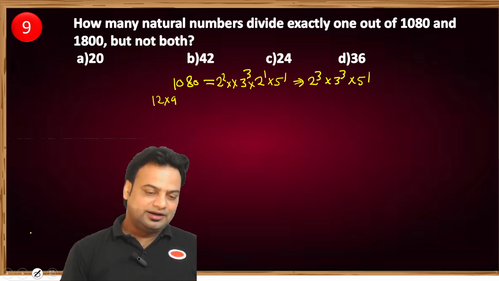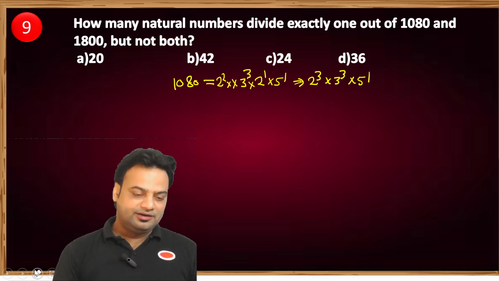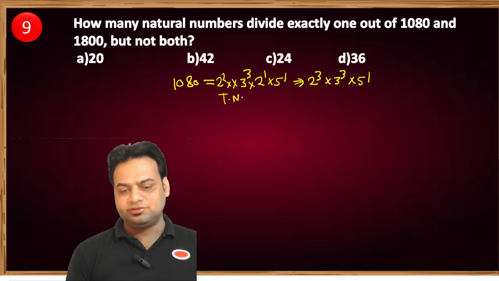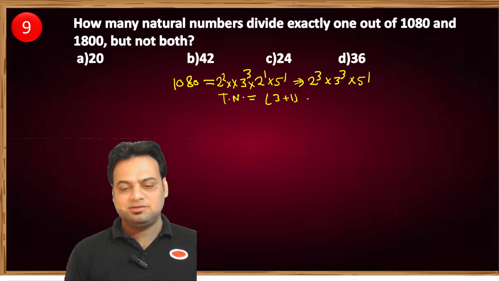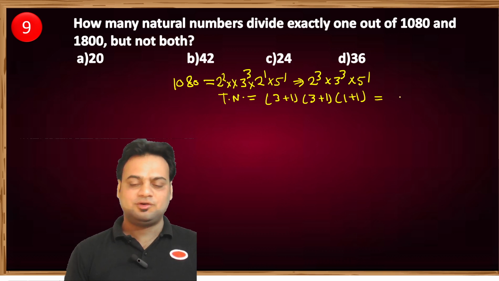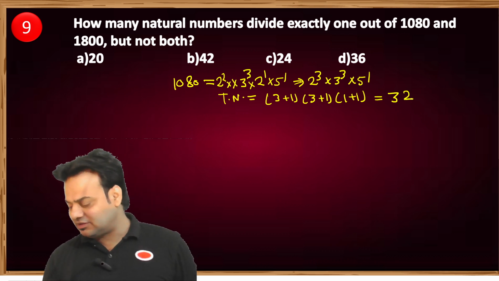That is the prime factorization of 1080. The total number of factors of 1080 is (3 plus 1)(3 plus 1)(1 plus 1). That is 4 times 4, which is 16, and 16 times 2 is 32. So the number of factors of this is 32.